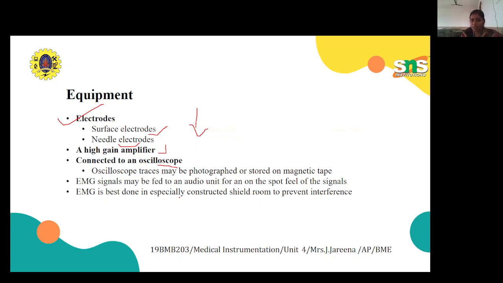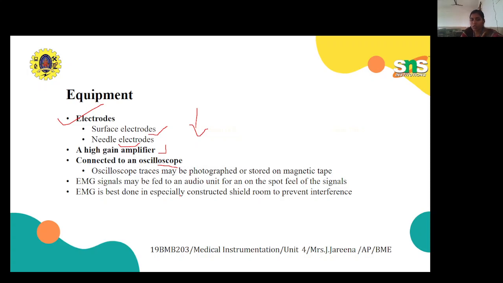One is appropriate electrodes, and electrode making is something we should be concerned with when measuring EMG. In electrodes we have different types, surface and needle. Once the electrode part is over, we go to the next step, the amplification process, to strengthen the signal even more.